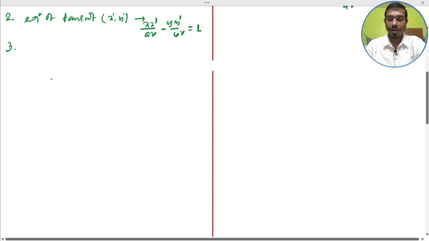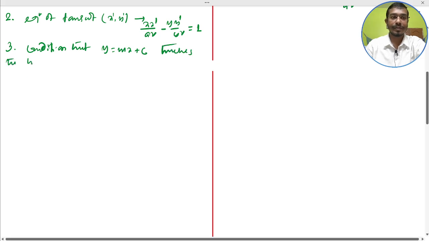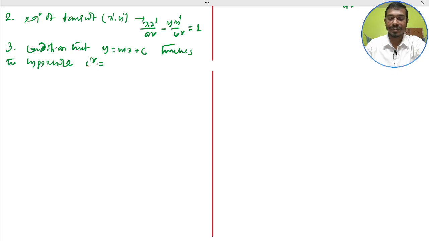Number 3. Condition that a line y equal to mx plus c touches the hyperbola, that is c square is a square m square minus b square.